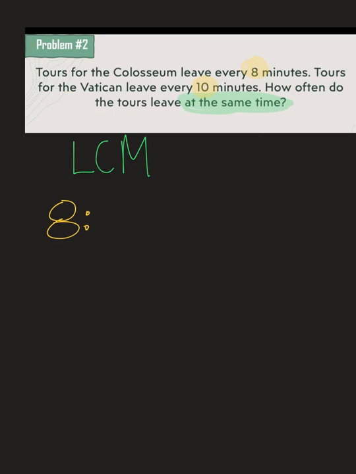And if you need to add more, you always can. So let's list the first 5 multiples of 8. So that would be 8, because 8 times 1 is 8, 8 times 2 is 16, 8 times 3 is 24, 8 times 4 is 32, and 8 times 5 is 40.